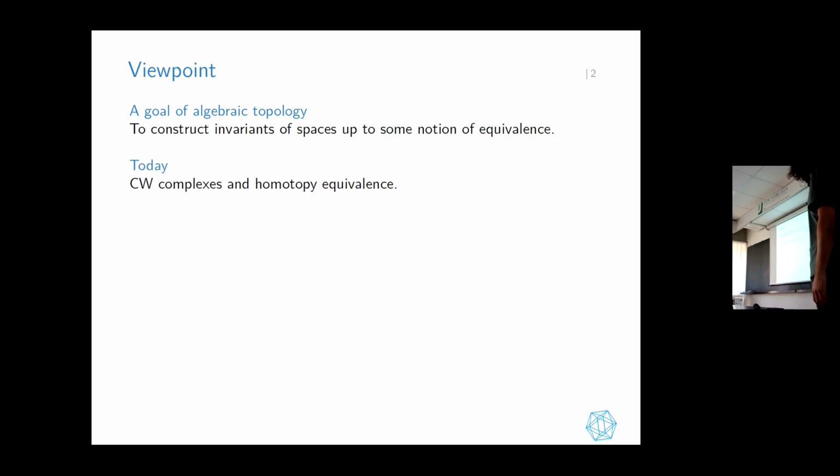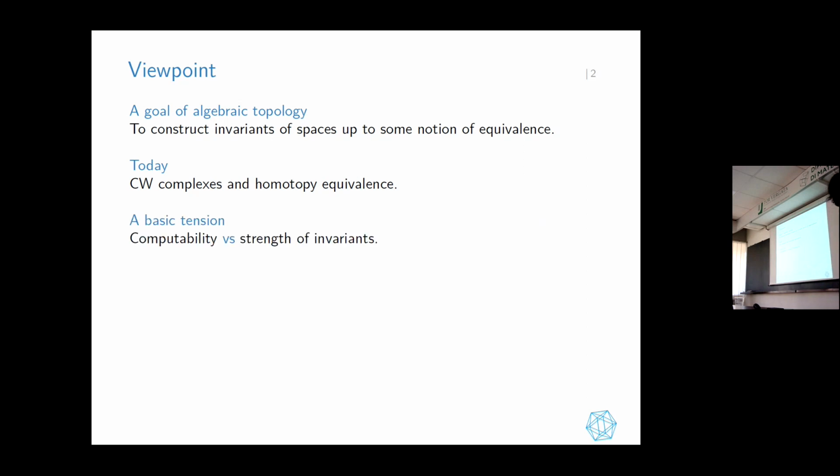We can fill in many options for those keywords, but today we're going to be focusing on CW complexes and homotopy equivalence. The basic tension about these invariants is how computable they are versus how much information they carry, how strong the invariant is.